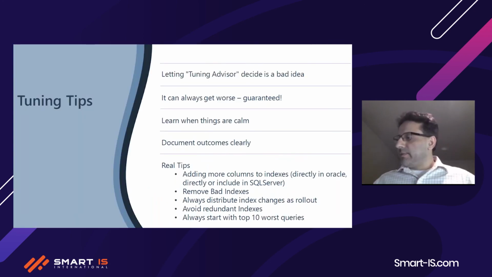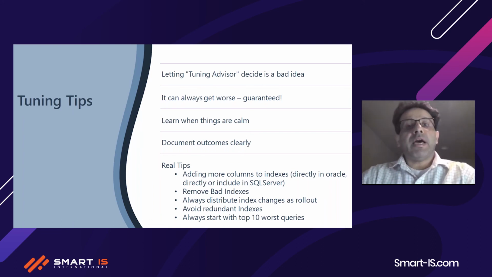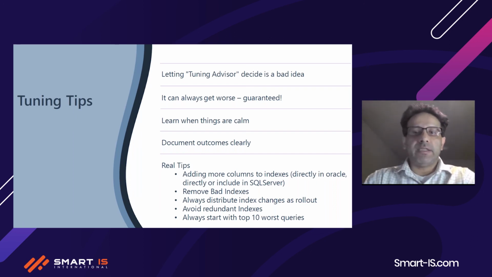So, some of the tips in this regard: the tuning advisor is certainly a very good start. Both databases have good advisors, but letting it dictate the decision is a 100% of the time a bad choice. So we never want to say, my tuning advisor said this, I just want to accept that plan.